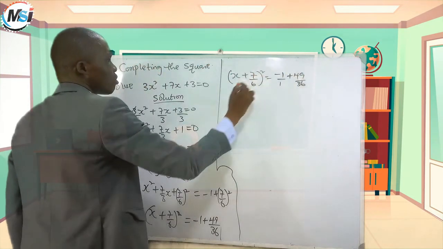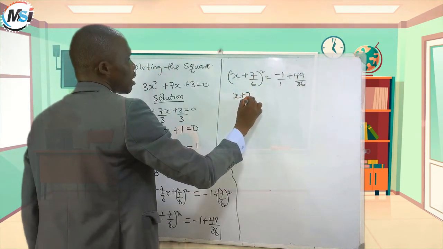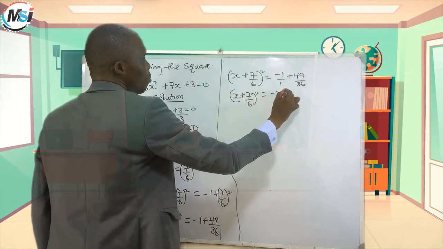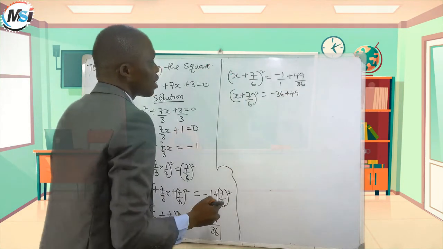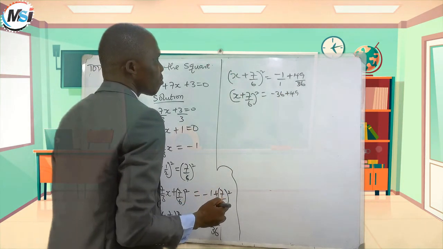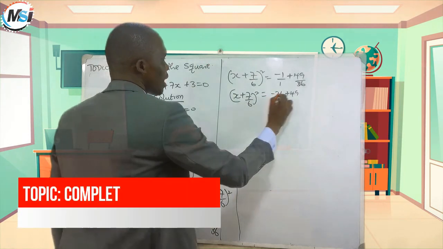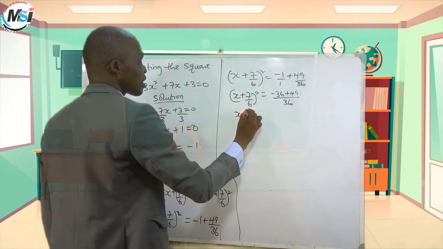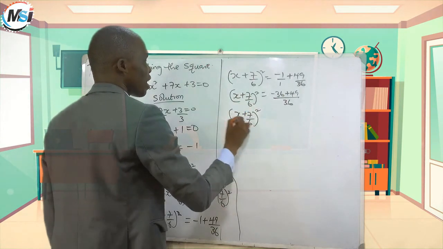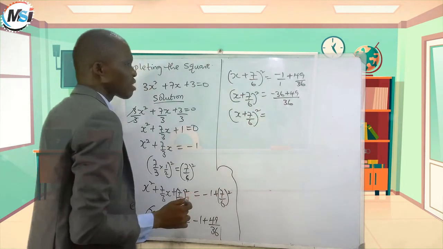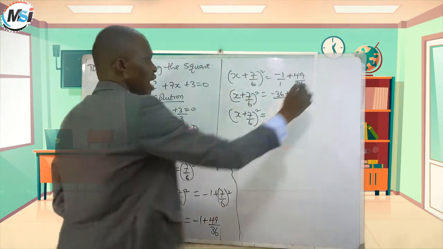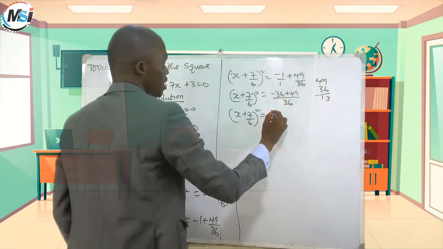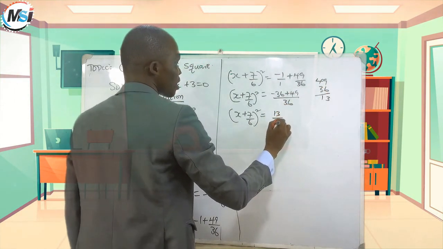So if you do that, we are going to have minus 36 plus 49 divided by 36. So this will give us x plus 7 all over 6 squared, 49 minus 36, we have 13. So this will give us 13 all over 36.